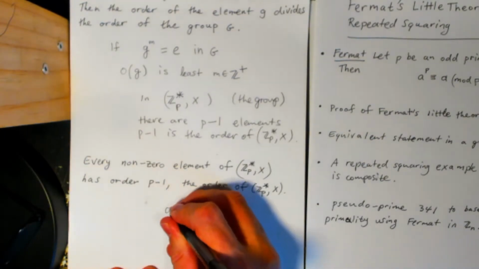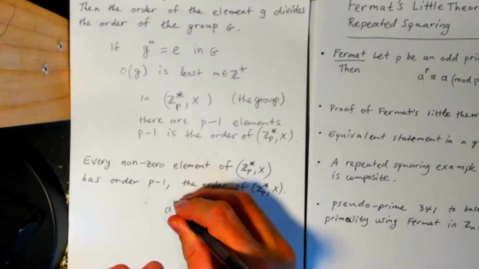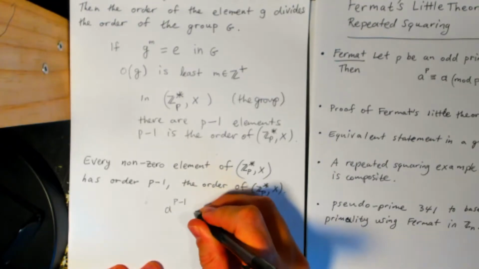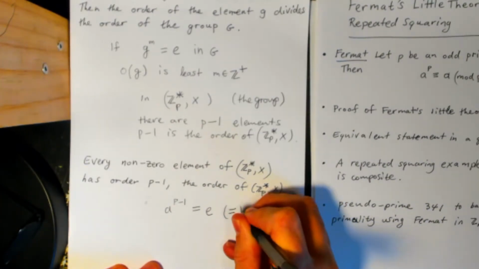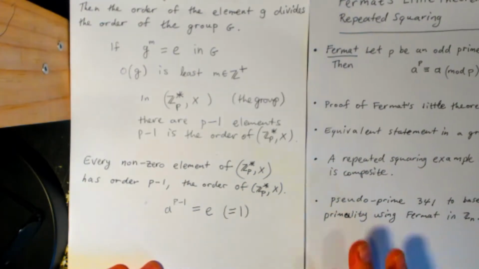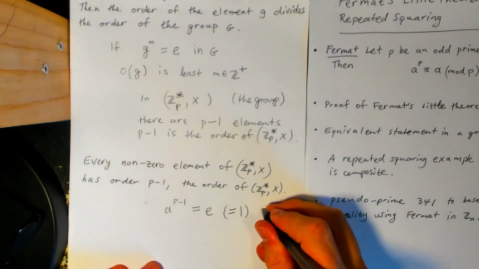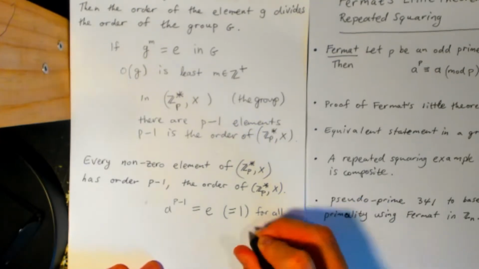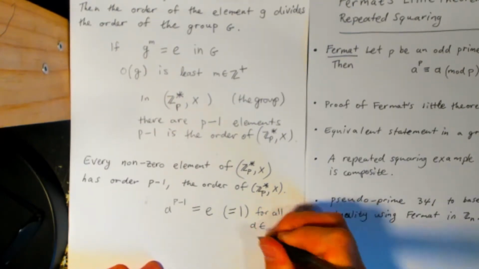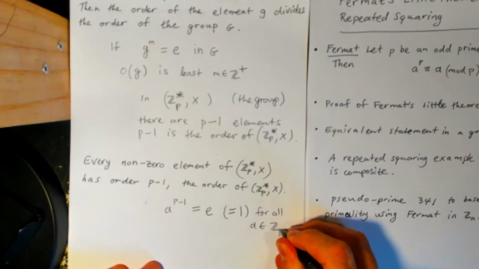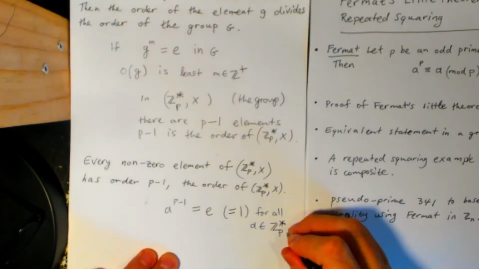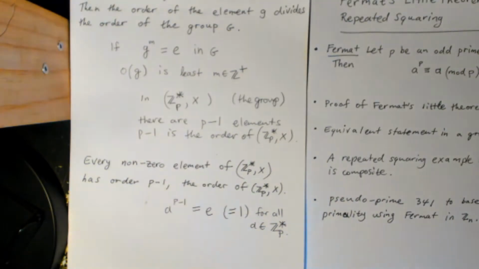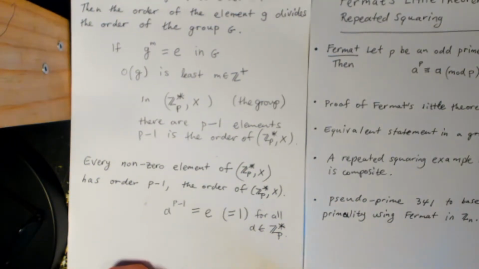Because we have a to the p minus 1 is equal to the identity, which remember in this group is 1, for all a belonging to integers mod p without 0. Okay, so that's a group theoretic point of view on Fermat's little theorem.